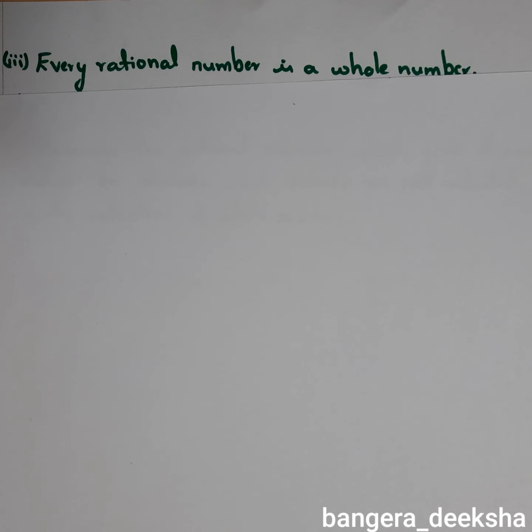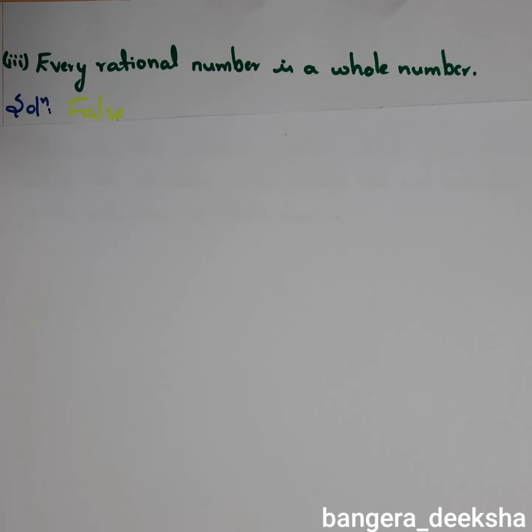The next statement is, every rational number is a whole number. If you consider a rational number, say -6/3, it is a rational number because we have denoted it in the form p by q, where q is not equal to 0 and p and q are both integers. That is not a whole number.